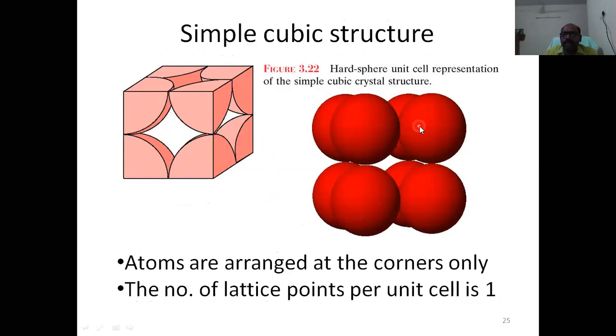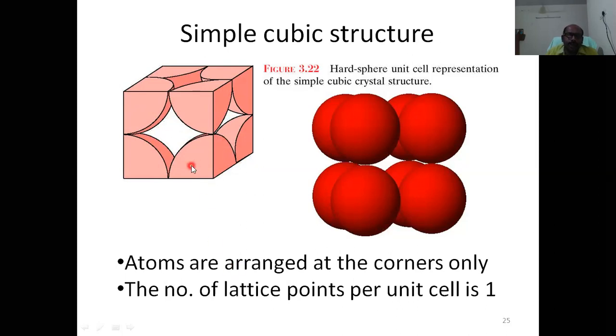We are seeing the 3D view and the cross-sectional view. If we cut, that means we consider only the unit cell. This picture is taken to see in which direction the atoms are touching.